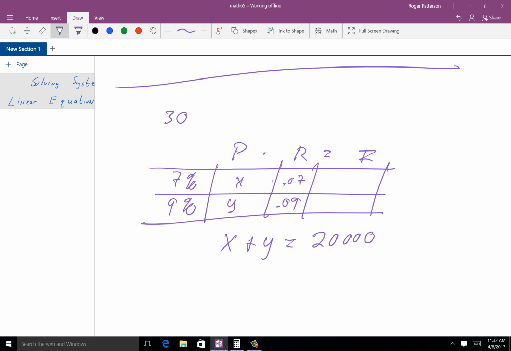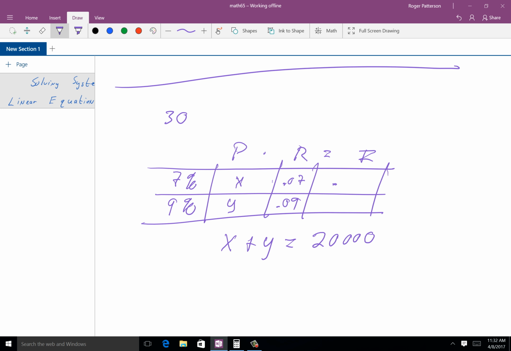So there's that one. All right? And they're telling us that if we take the principal times the rate, we're going to get this interest. So these two things multiplied together is going to give us the interest.